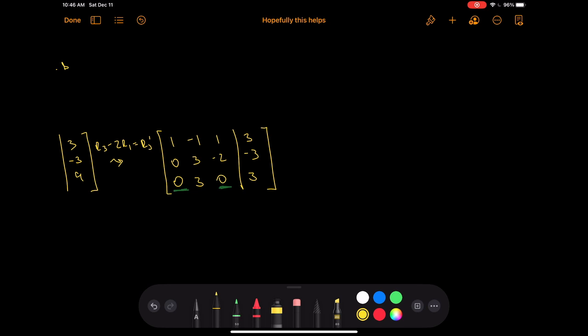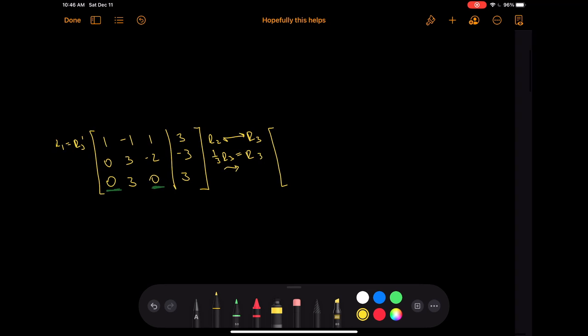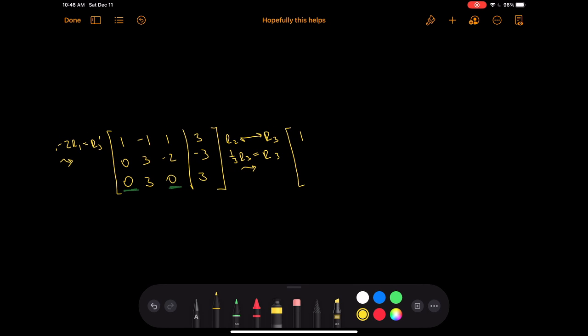But here this is relatively simple, so all you have to do is switch R2 with R3, and then 1/3 R3 is going to equal R3. And so the top row stays the same. The bottom row is now the same as the second row.